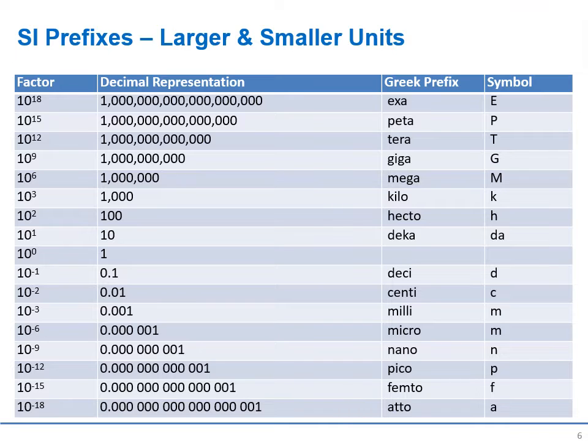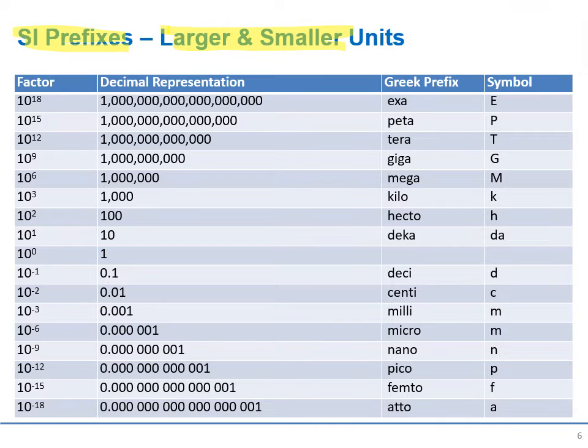Then in physics, in science, we also use SI prefixes with the number. Depending on how large or how small the number is, you use these prefixes with the number.